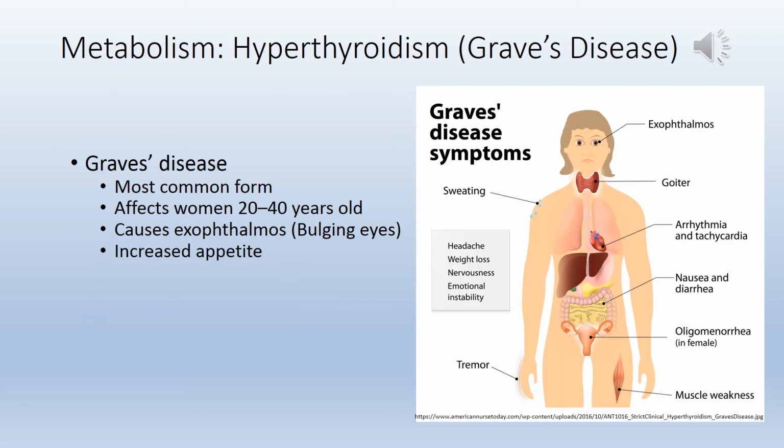Hyperthyroidism, a common endocrine disorder, is a form of thyrotoxicosis, resulting from an excessive synthesis and secretion of endogenous or exogenous thyroid hormones by a thyroid. The most common cause is Graves' disease. Graves' disease is the most common cause of hyperthyroidism.